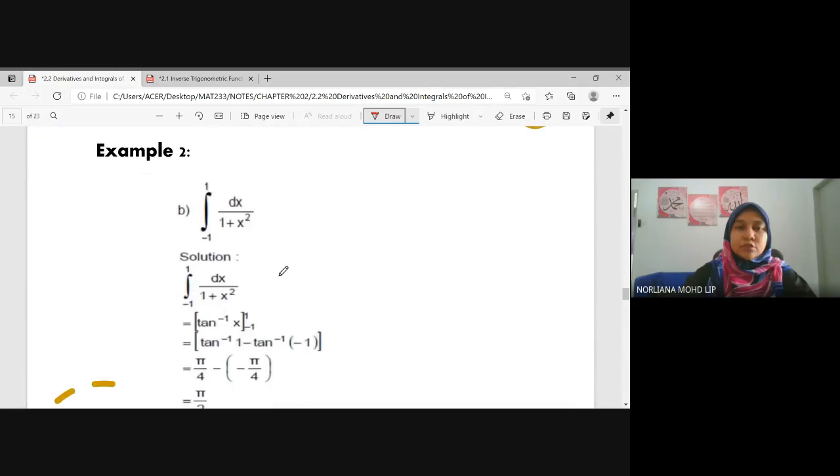So example 2, if we have boundary, let's say boundary from 1 to -1. Okay, so this pattern follow the integrals of tangent inverse x.